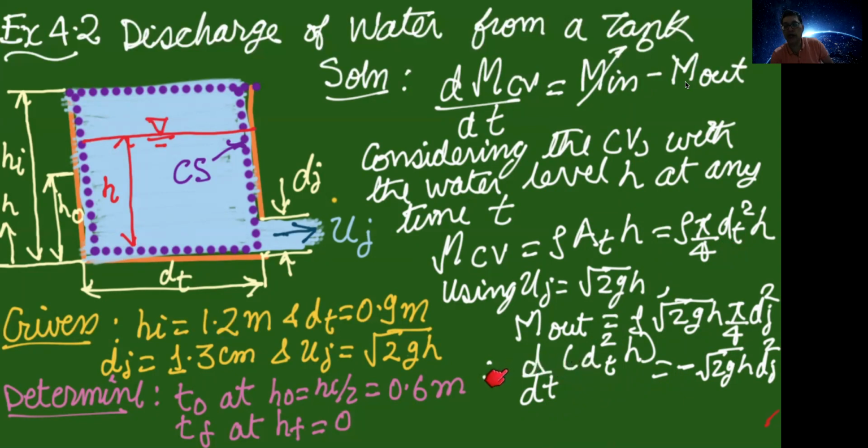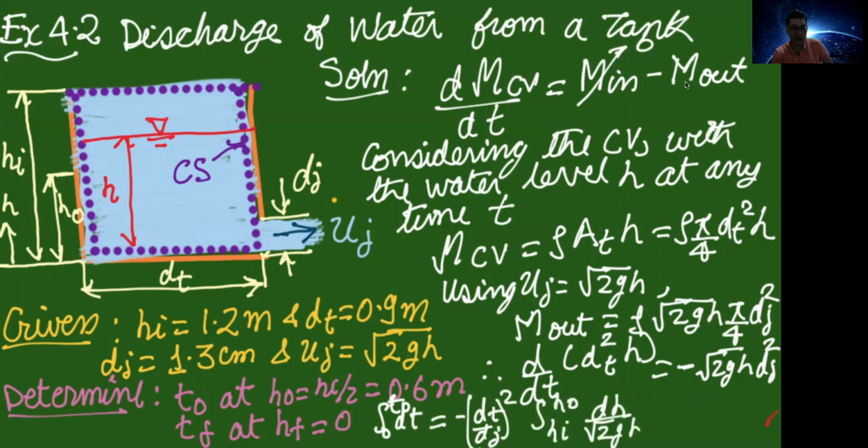So you will get on the left hand side dt square dh by dt. So we write integral of dt is equal to dt square divided by dj square divided by under root 2gh. Okay, so we get as shown here, and we take an integral of that: dt is equal to dt square by dj square dh by under root 2gh.